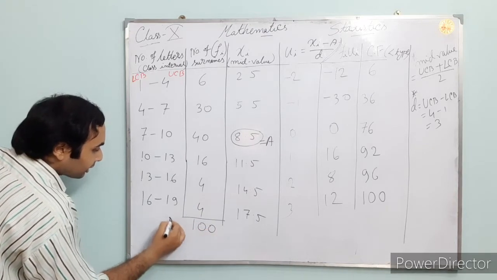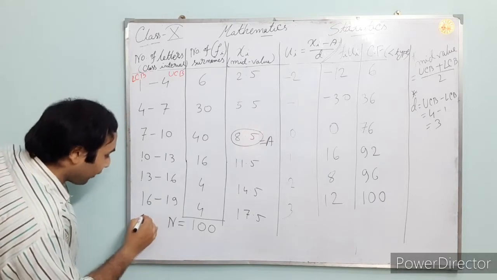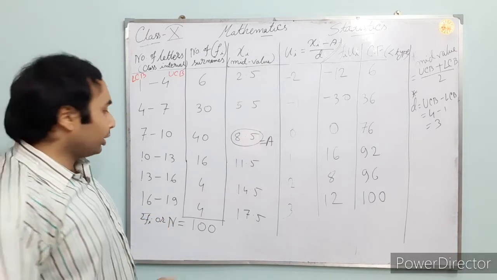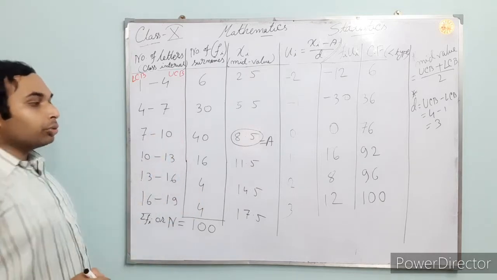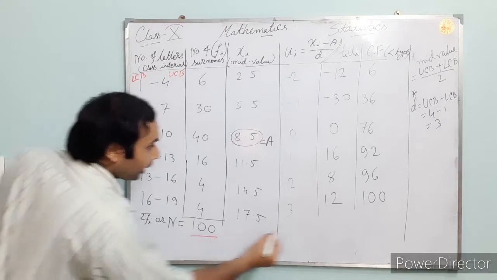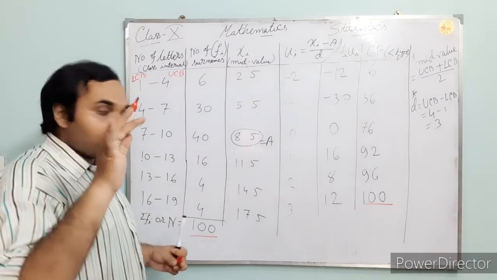And this is coming summation Fi. You can write it as summation Fi or N. Both you can write. Also, one thing you have to keep in mind: this 100 and this will be equal. If those are not coming equal, then you are making a mistake.